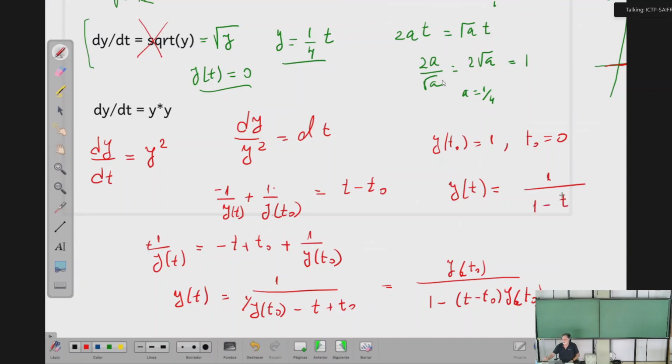So this solution goes to infinity for t equal to 1. Right? So look at this equation. This is as smooth as you can think of. So this equation has no regularity problem, nothing, it's nice. Nevertheless, the solution exists for a finite time.